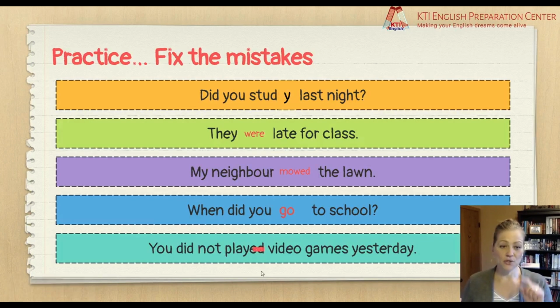It's got to say, you did not play video games yesterday. Okay? If they did play video games, you just say, you played video games yesterday. That's simple past. But as soon as you change it to a negative sentence or a question, remember you have to go back to the base verb.